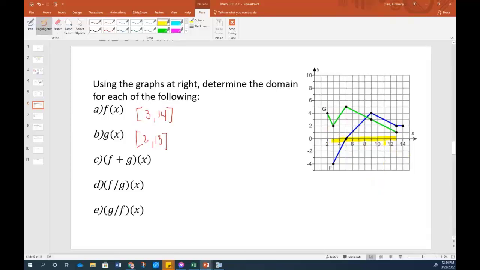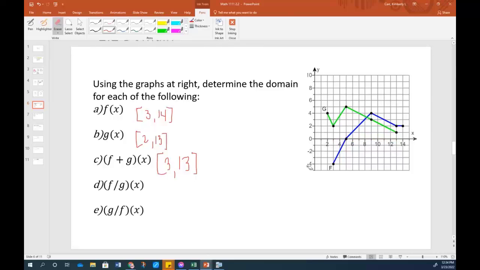So when we add these, it has to go in that area. So when I add those, it's going to be from 3 to 13, and it can include them. Notice that's not like either one of those, because it started where the f function started, but it had to stop where g stopped, because it can only work where they both work.